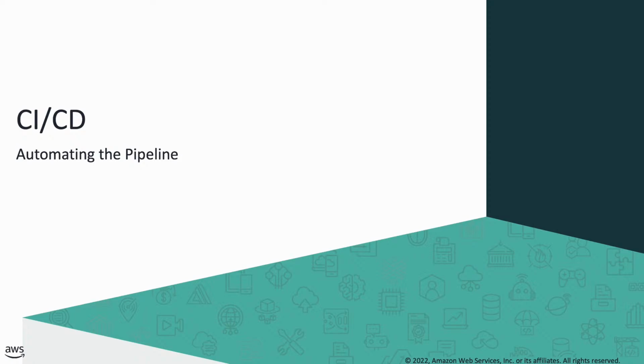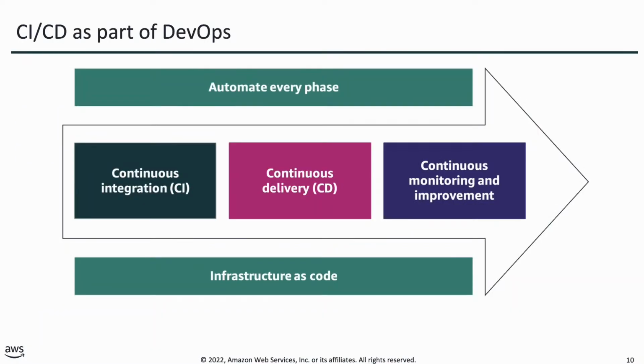Okay, let's dive into CI/CD here a little bit, because this is part of DevOps. The idea here is that you automate every phase of what you do. And you have continuous integration, you have continuous delivery, you have continuous monitoring and improvement, and you have infrastructure as code. These are the foundations of DevOps. And so, I think it's important to just define really quick, what is it?